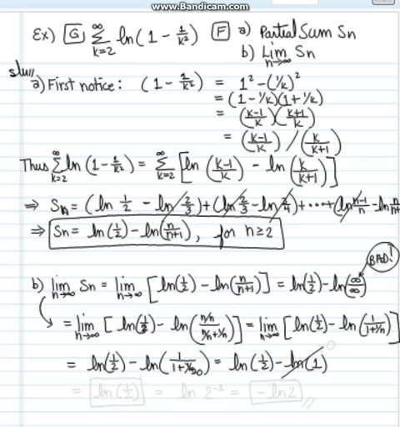But the natural log of 1 is just 0 because e to the 0 is 1. So our answer is the natural log of 1/2. We can write it this way, or we could play with it. This is the same as 2 to the negative 1. We could bring the negative 1 out in front and call this negative natural log of 2. Either way, we're finished.